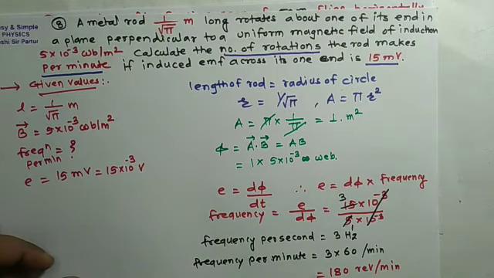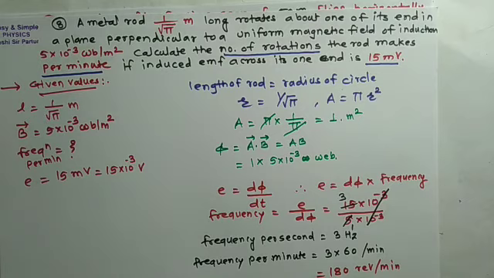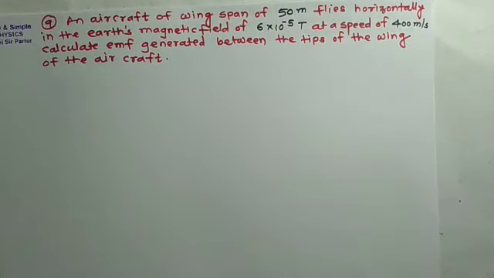Therefore the number of rotations per minute of the rod is 180 revolutions per minute.